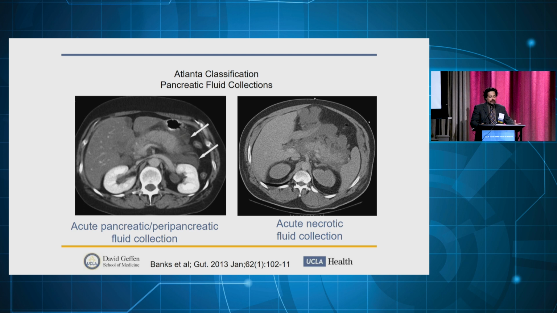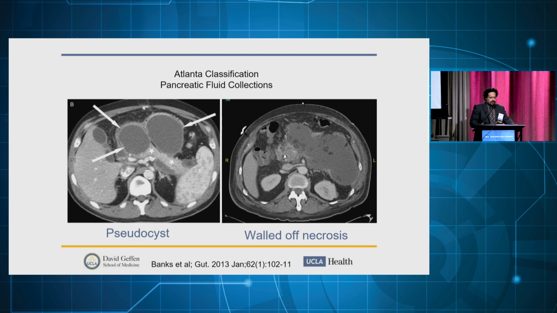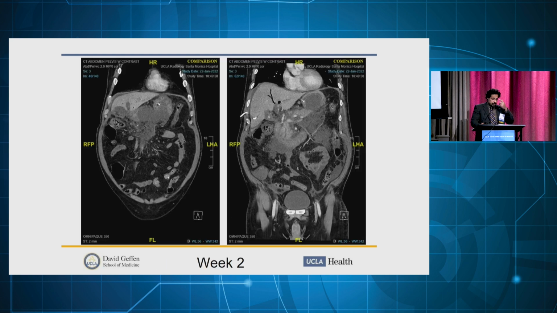At this point, either of those can be infected or non-infected. At this stage, it's generally uncommon to have infection, but it's not unheard of. And then after time, generally a few weeks, the acute fluid collection develops into a pseudocyst, and the acute necrotic collection develops into a walled-off necrosis.